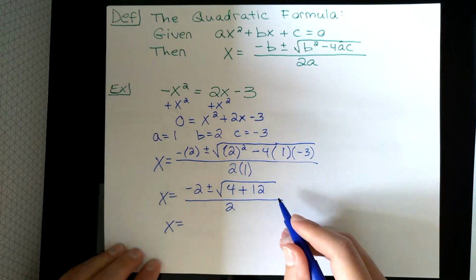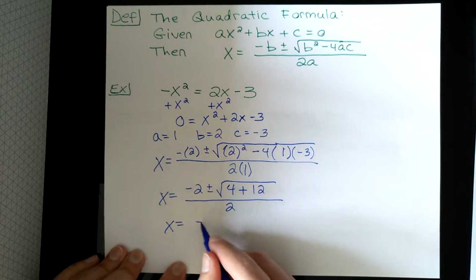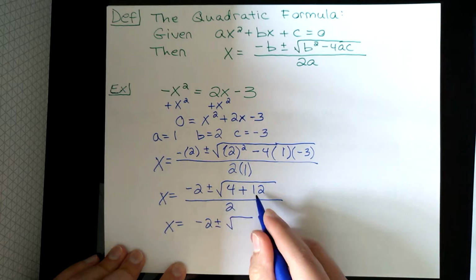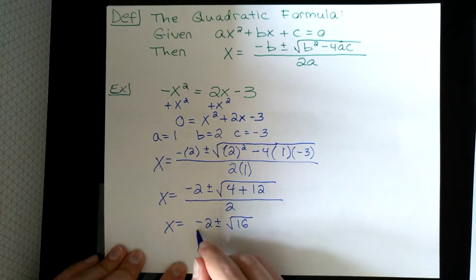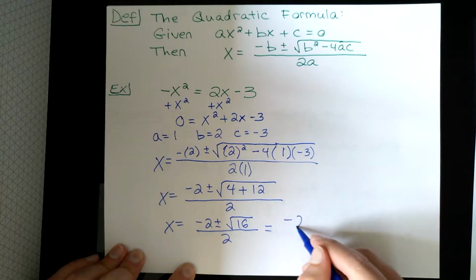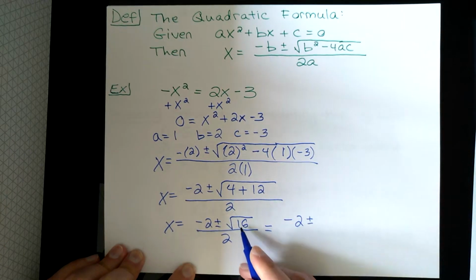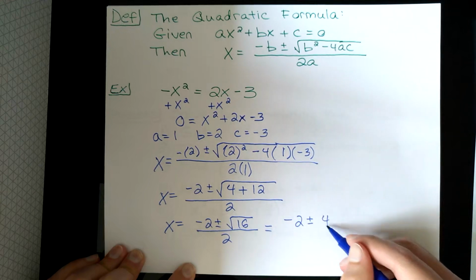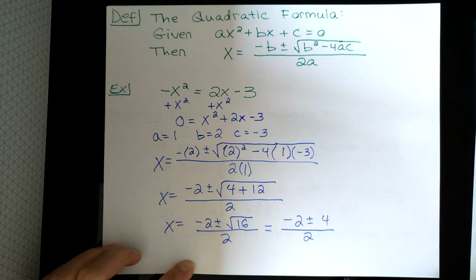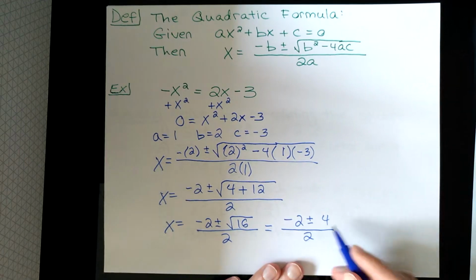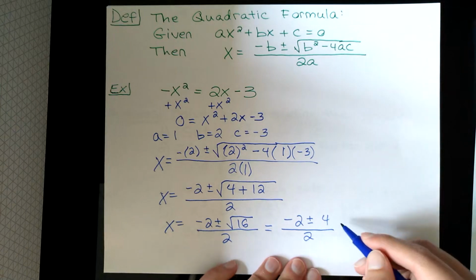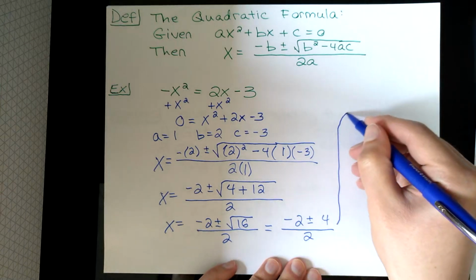We'll keep simplifying this. So x equals -2 plus or minus the square root of 4 plus 12 is 16, all over 2. So we get -2 plus or minus the square root of 16 is 4, all over 2. And now we have to break this up into 2 separate problems. So I'm going to move this up here.